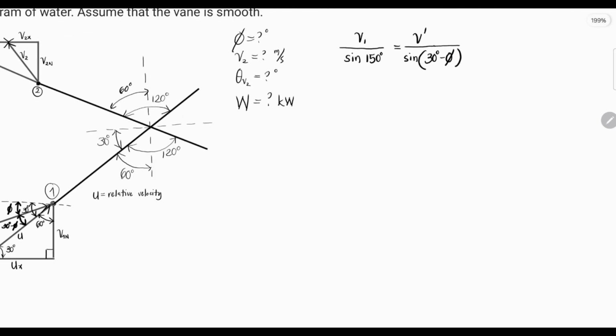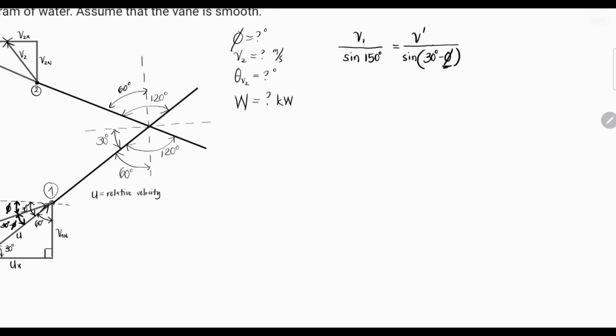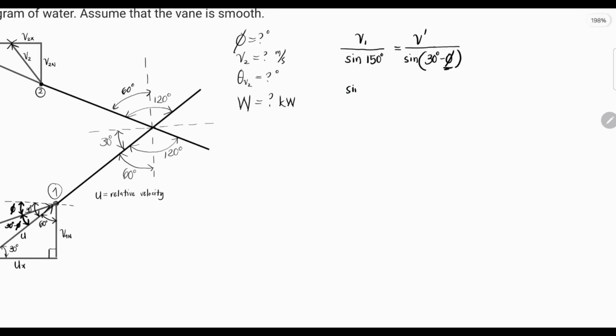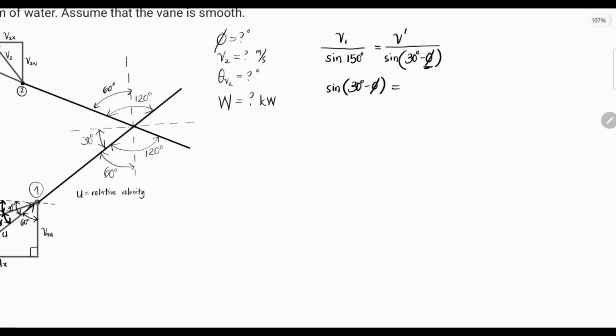And so, we can now solve for this one. So, sine 30 degrees minus, i-rearrange natin yung ating equation. Sine 150 degrees times V prime over our V1. So, ito inakit natin dito, multiplied to V prime over the V1.